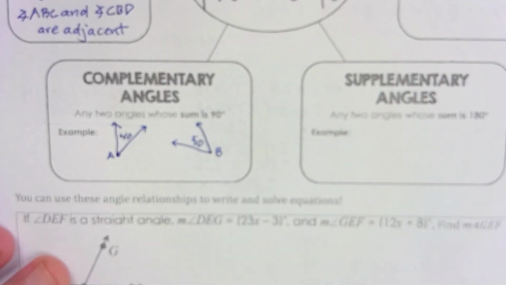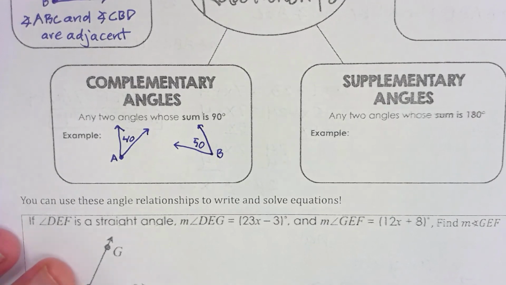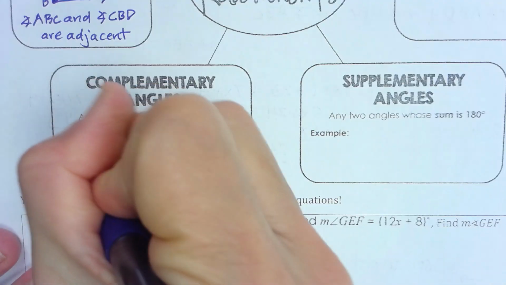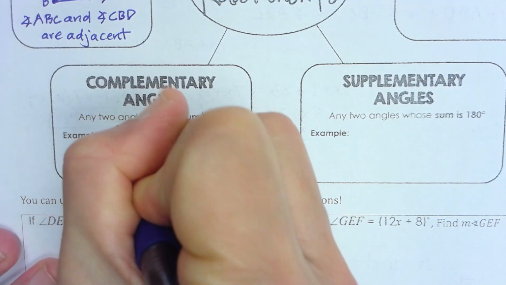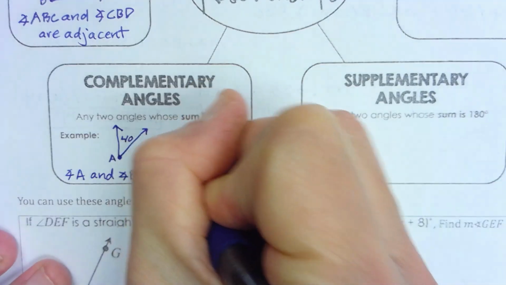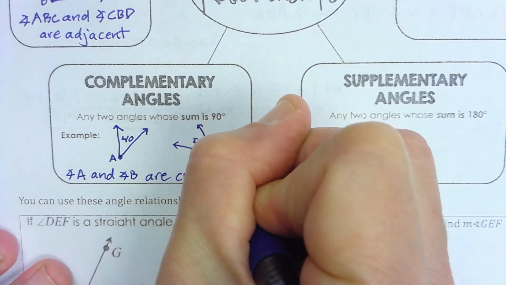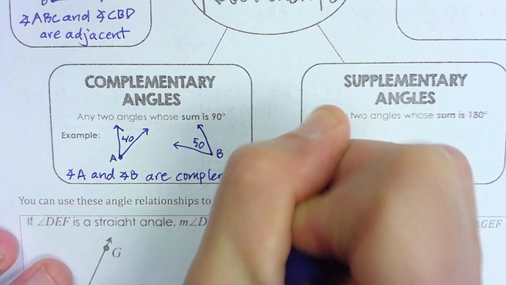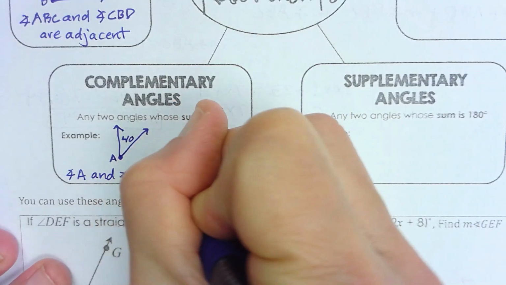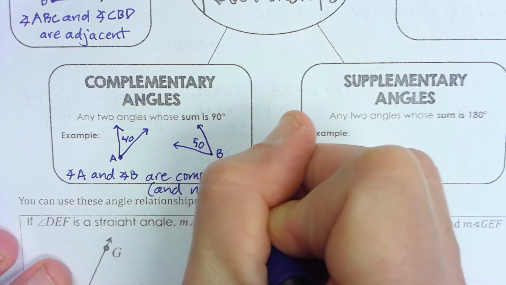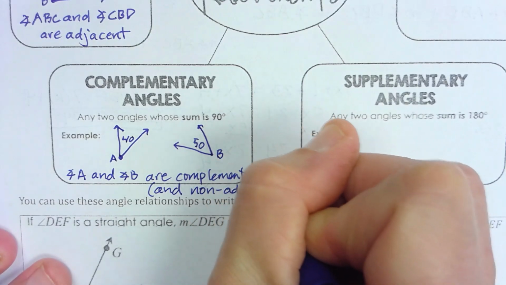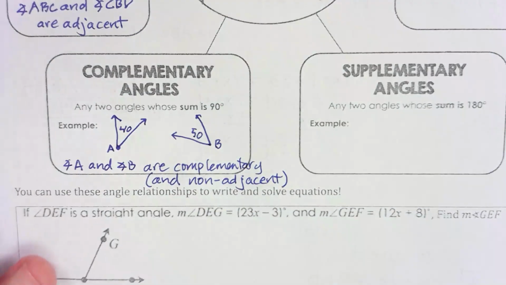These are non-adjacent complementary angles. Angle A and angle B are complementary. And they're also non-adjacent, just so you see the difference. They're not sharing a common side.